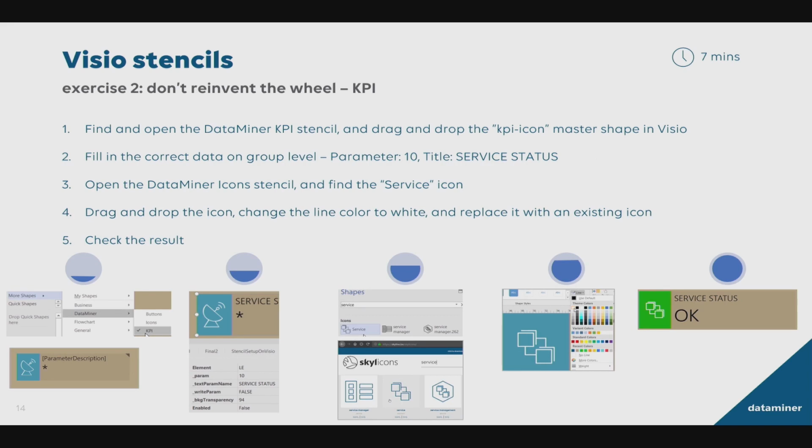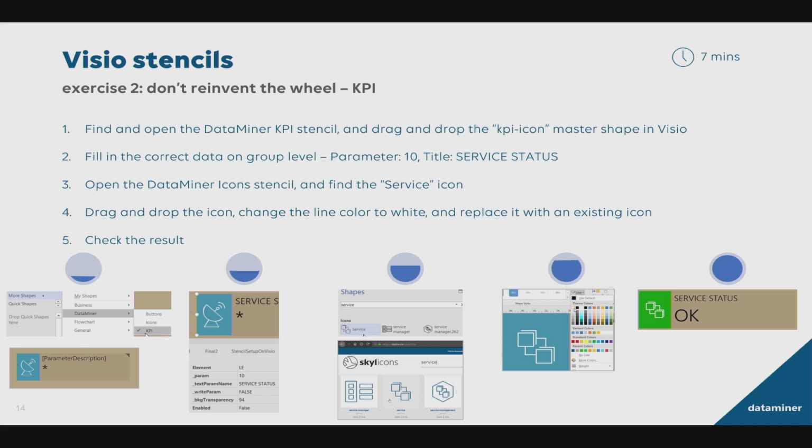It's maybe better to start an exercise with that. In this exercise, we will use the KPI icon to drag and drop that and see that we can easily configure a shape without adding and deleting shape data.